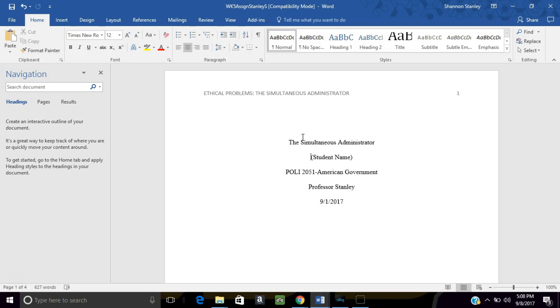Obviously, the information will be different, but the purpose is to get you to understand how APA formatting works in the social sciences, because you are in a social science course, and the American Psychological Association has a standard way of writing within any discipline on the behavioral and social science part of academia.